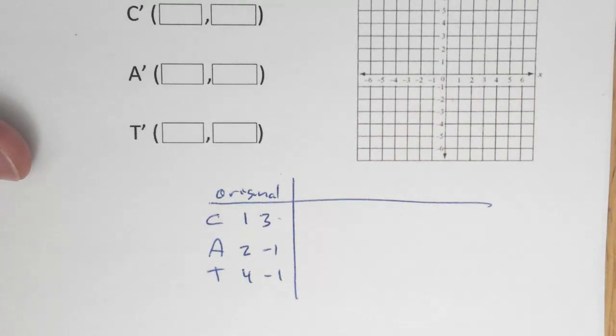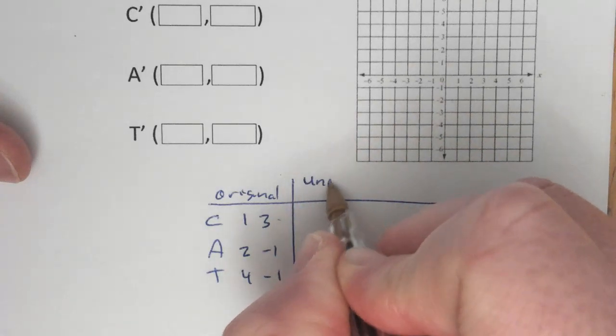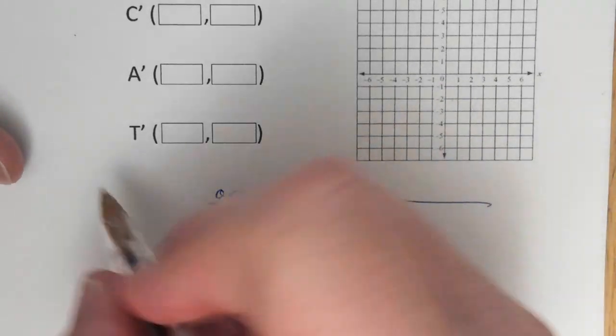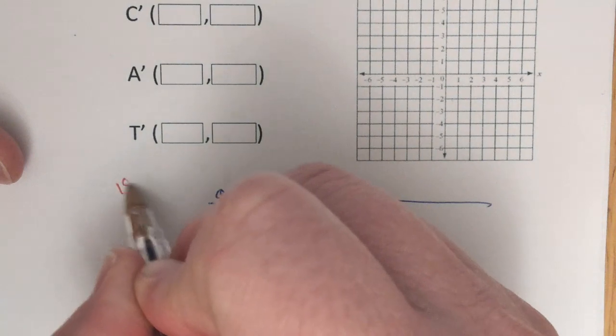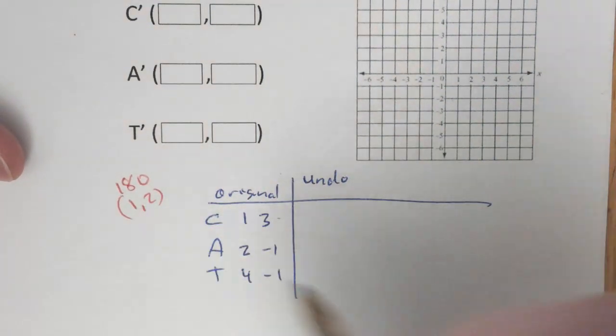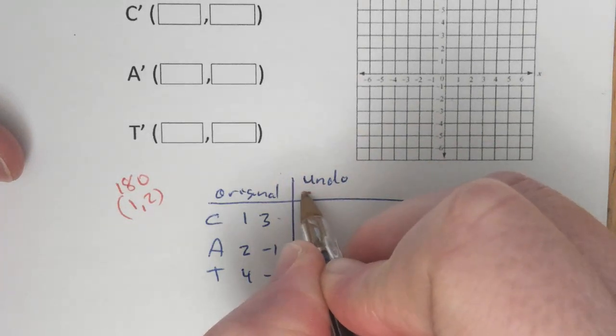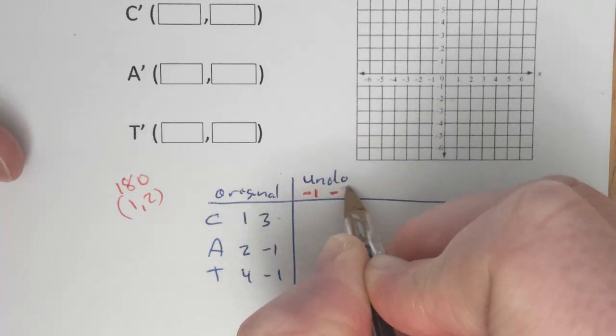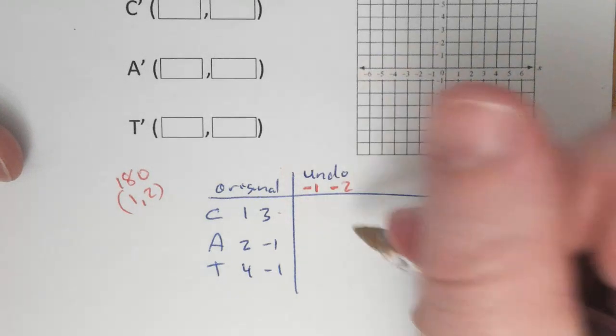All right, so that's your original. The first thing we're going to do is undo. We're going to go 180 degrees around 1, 2. So what's the undo of +1, +2? We're going to subtract 1, and we're going to subtract 2. So that's us undoing this point.